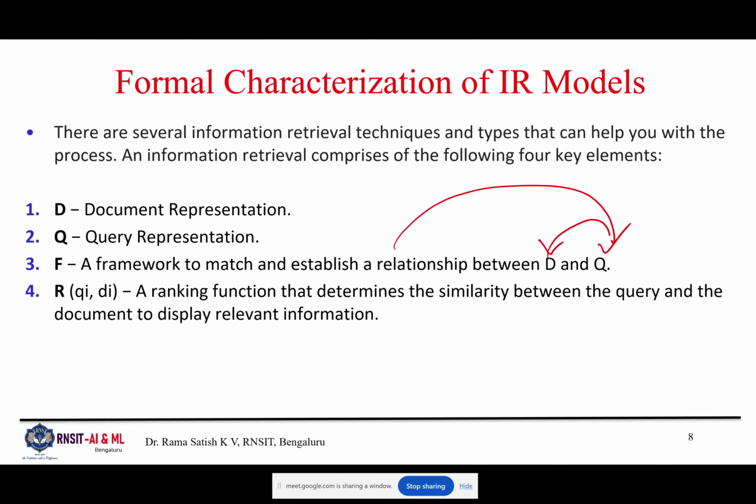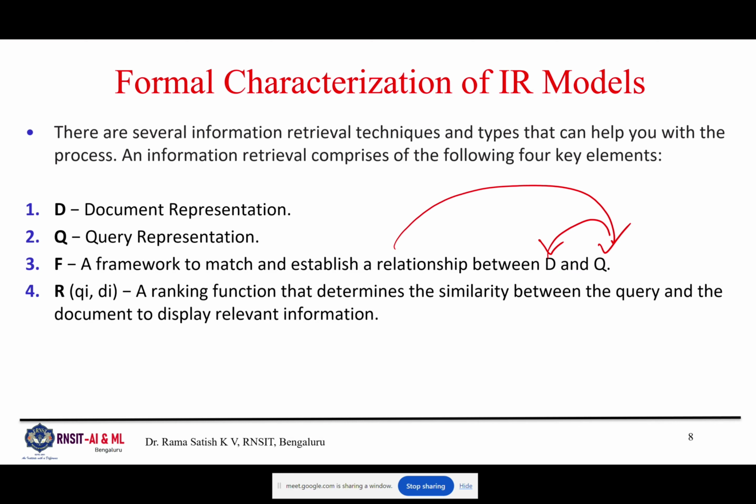A ranking function that determines the similarity between the query and the document to display relevant information. In other words, R(Qi, Di) is a ranking function which associates a real number. So it will return a real number.